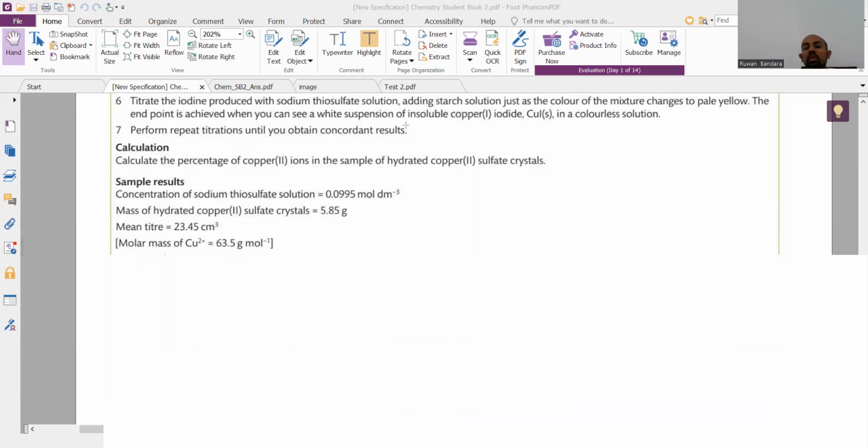So we have to calculate the percentage of copper 2 plus in a sample of hydrated copper 2 sulfate crystals, and these are the sample results. Okay. Quickly take down the results.